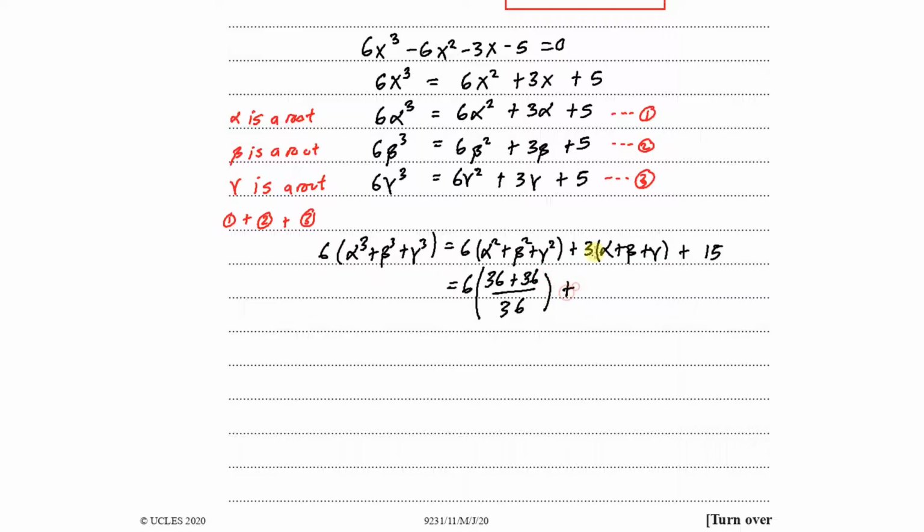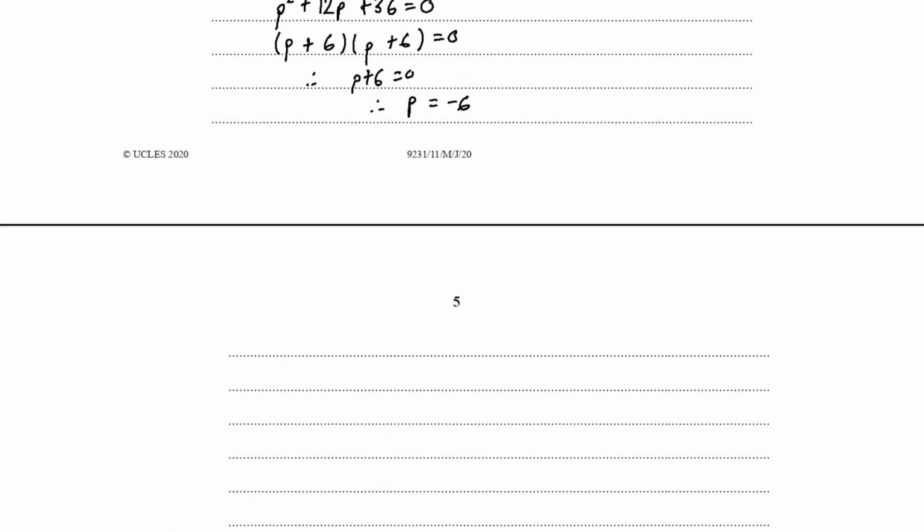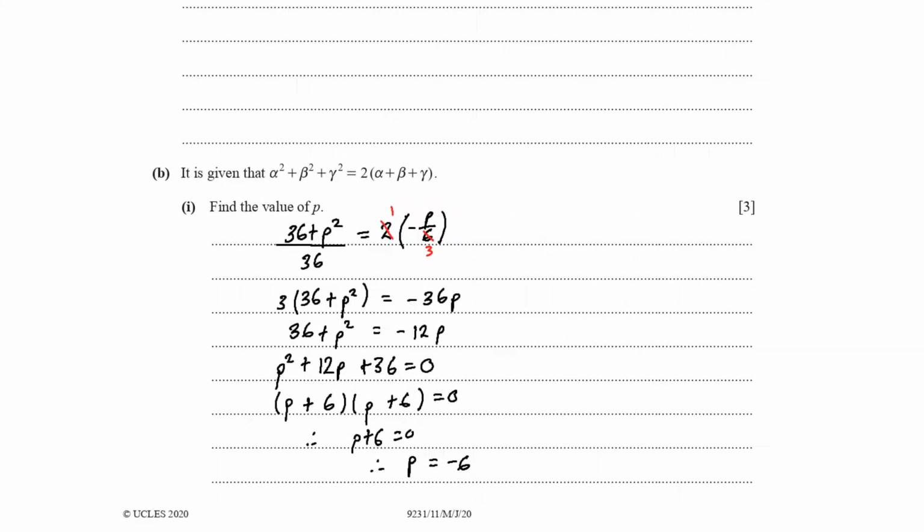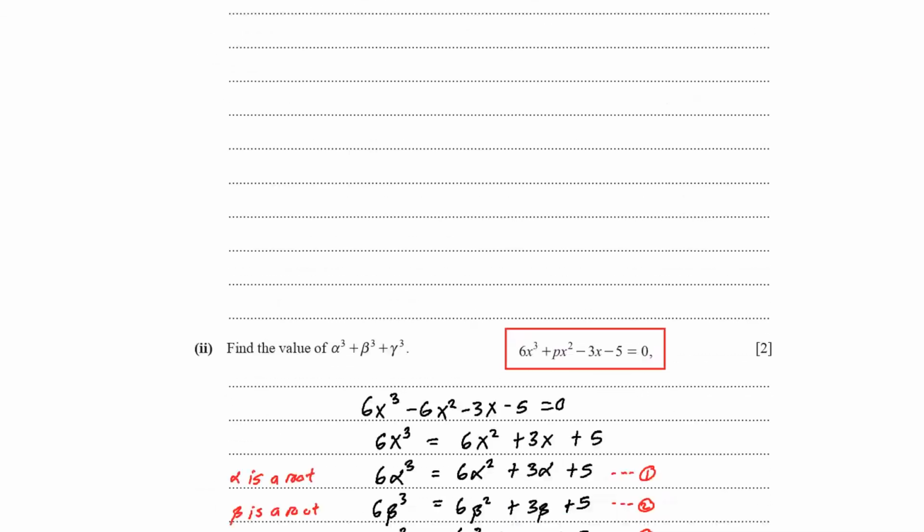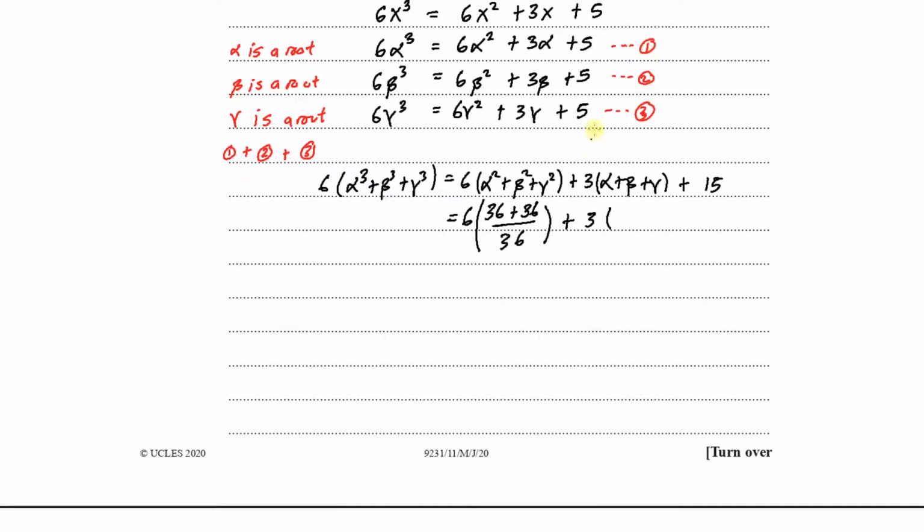And that's plus 3 of alpha plus beta plus gamma, which is the sum of roots. In part B, alpha plus beta plus gamma was minus p over 6. Since p is minus 6, it will just come out as 6 over 6, which is 1, but let's just write it like this, and it's plus 15.